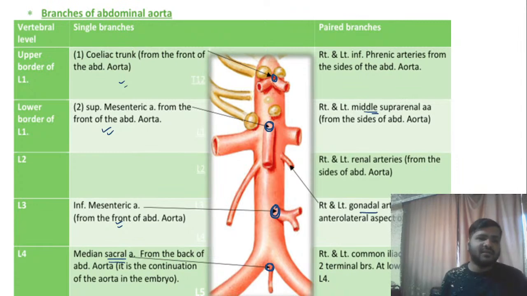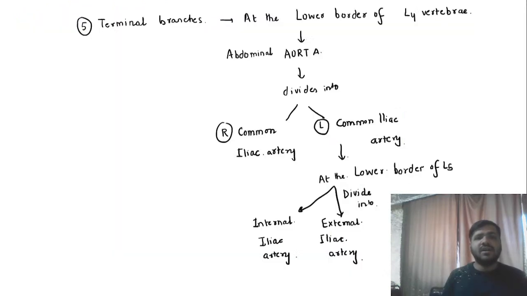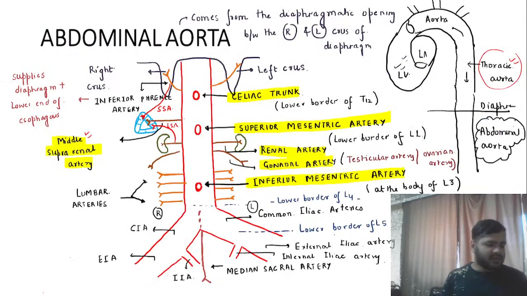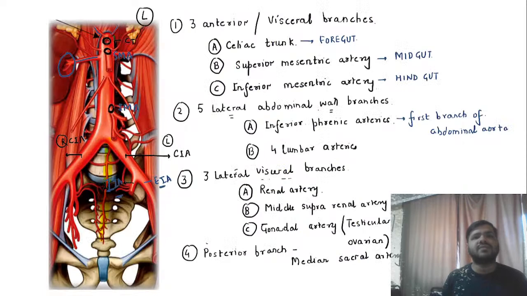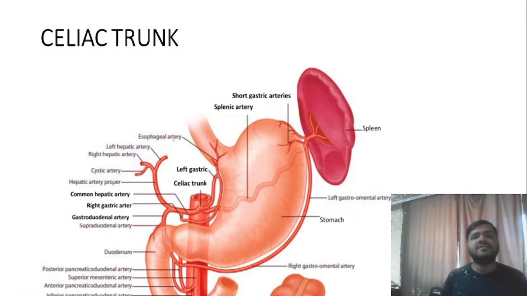So that is a simple picture to show what I have just discussed. I have made this image for you people over here. So yes, now let us focus our discussion on the celiac trunk. Now, celiac trunk.